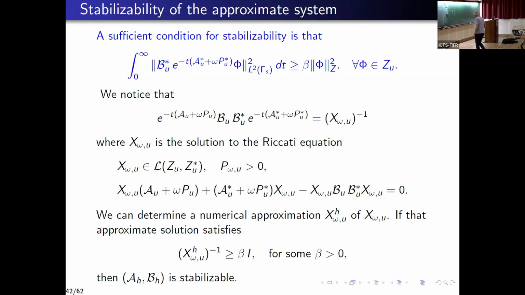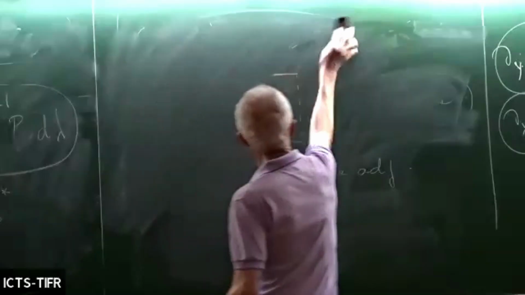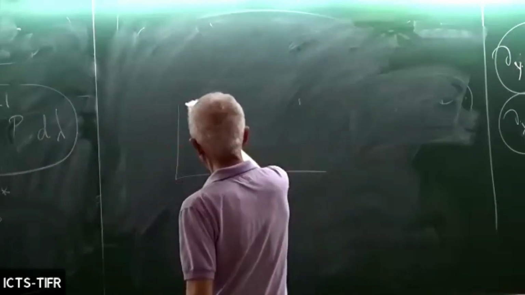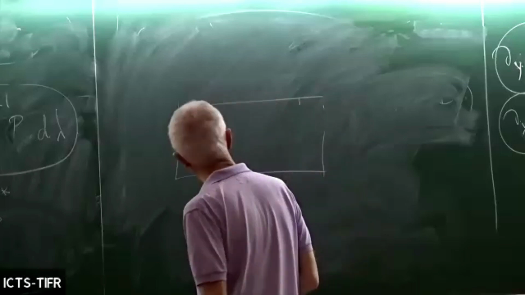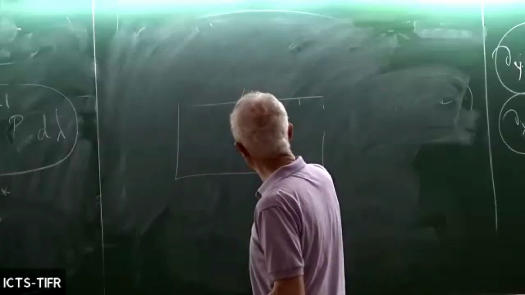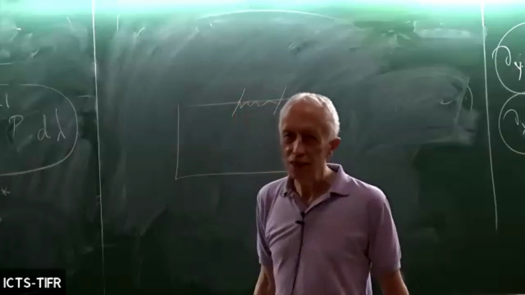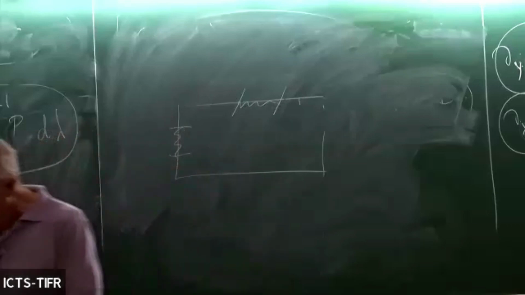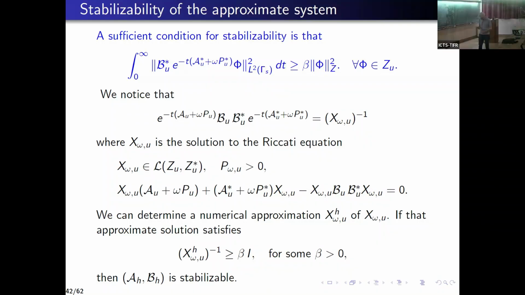For example, if you have a system, let's say Navier-Stokes, or not necessarily, that you would like to stabilize by some control localized in this part or elsewhere. When you compute this quantity here, the fact that you control in this part or in this part is taken into account by your control operator.